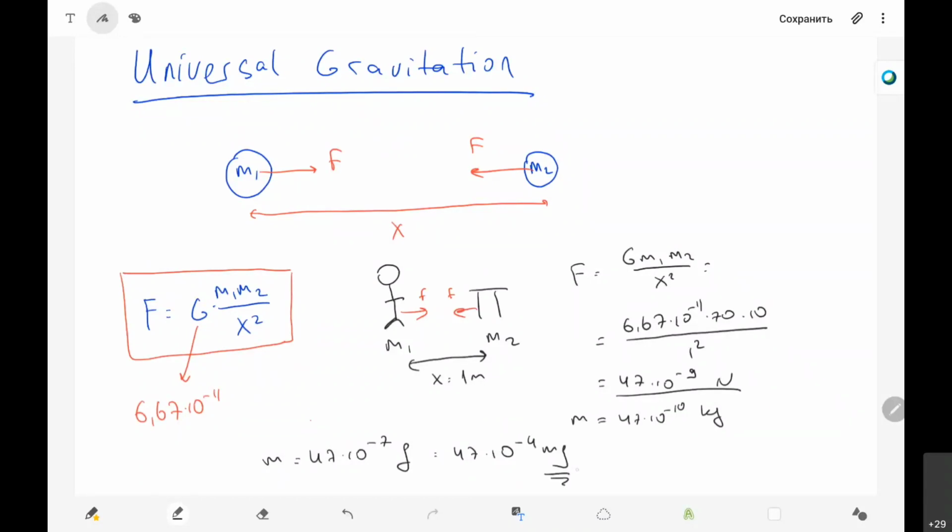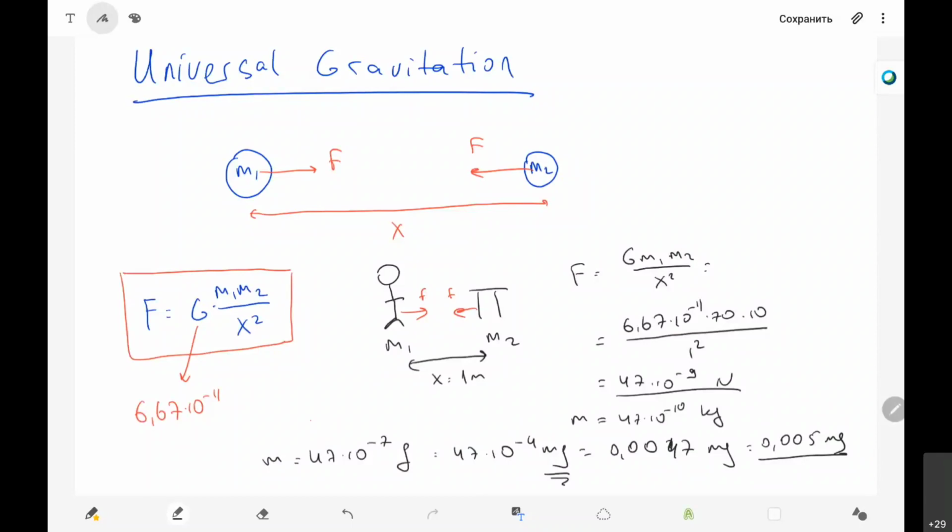Yes. So it means 0.00447 milligrams, or we can say approximately 0.005 milligrams. How many times smaller than a milligram? 1 over 0.005, it's 200 times smaller than 1 milligram.